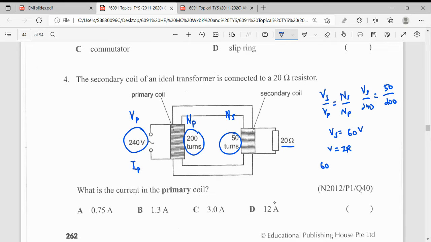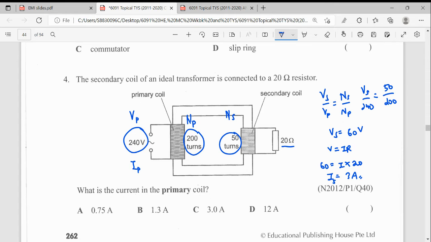So V is 60, I is what we want to find, R we know is 20. So 60 divided by 20 gives you 3. So you solve for I to be 3, which in this case is IS.